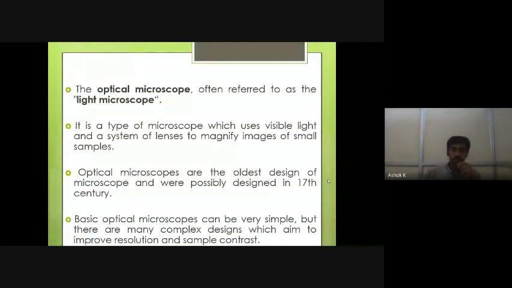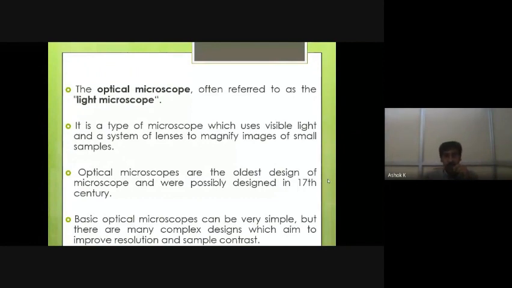The optical microscopes are the oldest design of microscope and were possibly designed in the 17th century. So you know that microscopes were used in ancient periods, and among them the optical microscope is the older one.